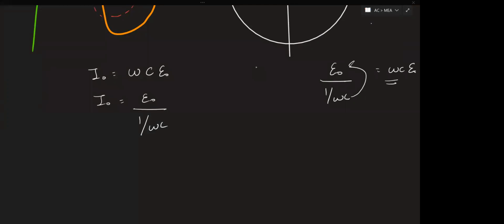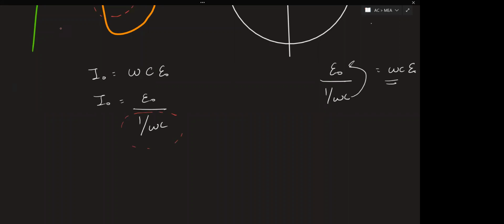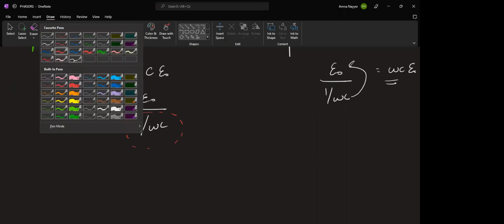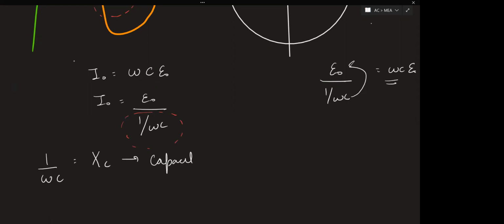Now from here, if you apply your Ohm's law, what's the resistance that you're getting? From here, if you notice, this is the resistance. This term 1 by omega C, this is XC, which is known as the capacitive reactance. In a circuit with a resistor connected only, the opposition was offered by the resistor.